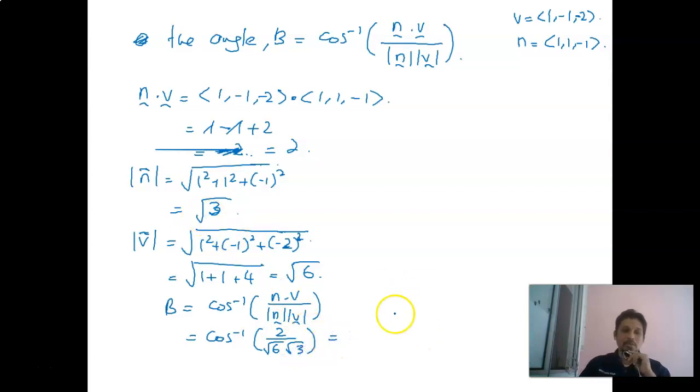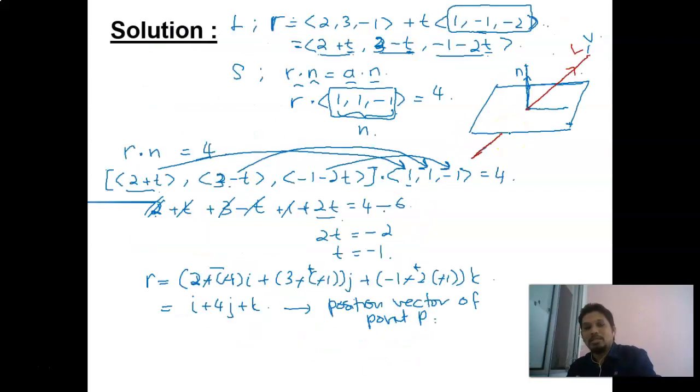Okay, use the calculator then to find an answer here. It is 61.87 degree. And class, this is the angle of B. As I mentioned just now, it is the angle between the straight line V, using the V as our reference, with the normal of n. Here is B.